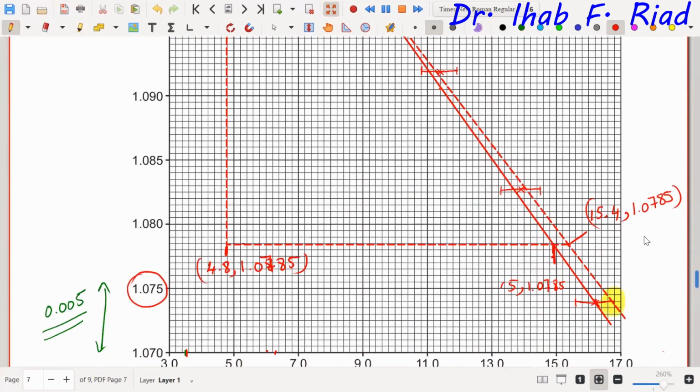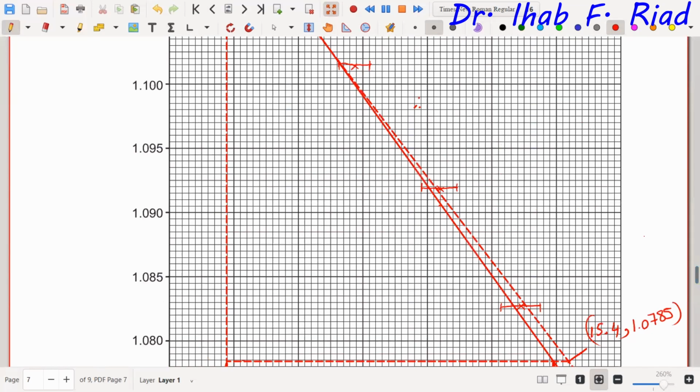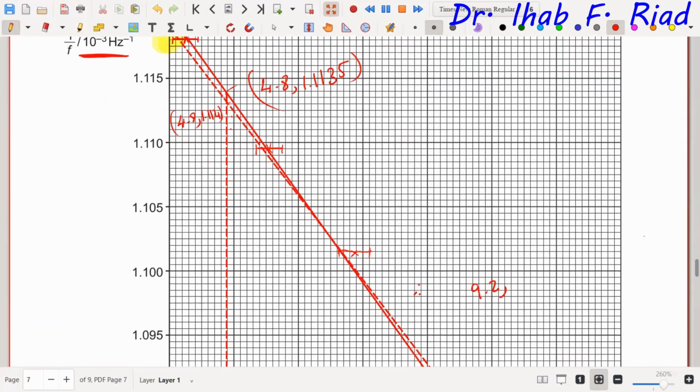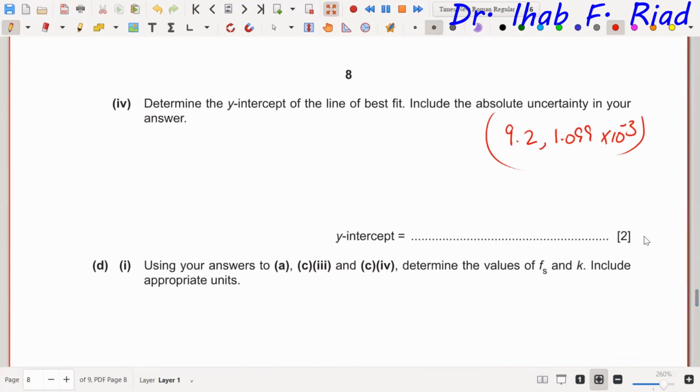In my graph that I did at home, I get the 2 lines crossing this point. So they were both crossing this point, so I use it for both of them. But for you, use 2 different points. Is it okay? Yes.